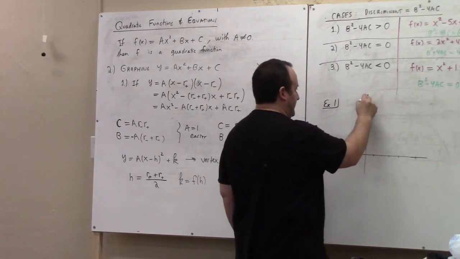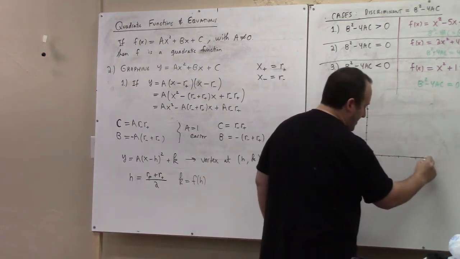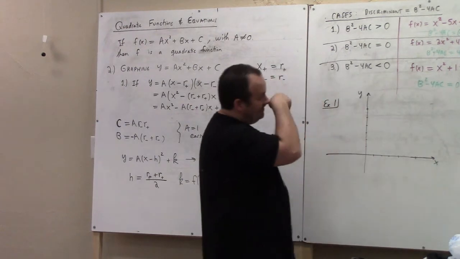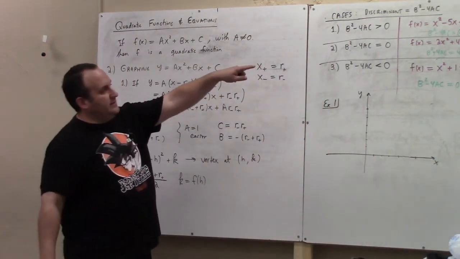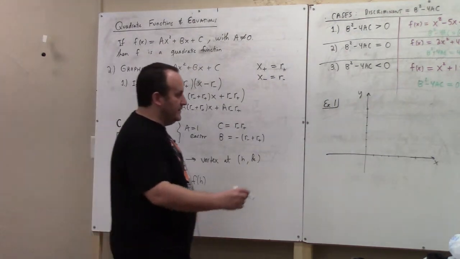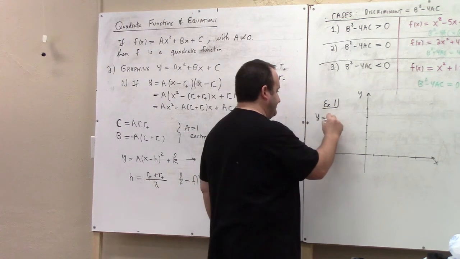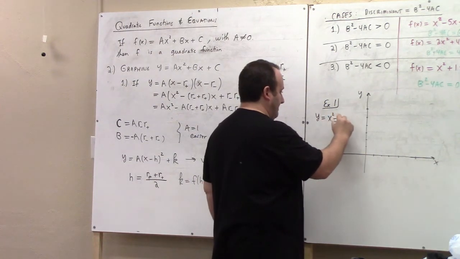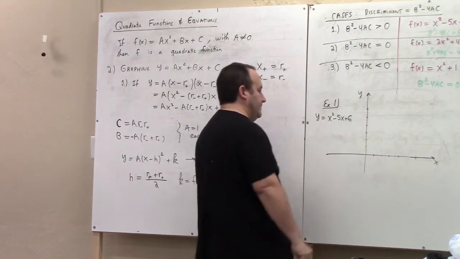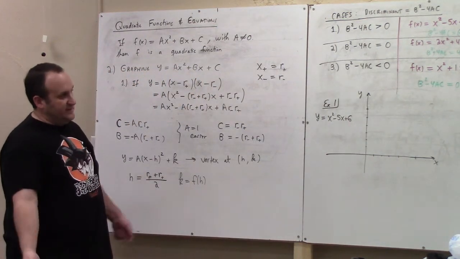What's the y-intercept for this one? For example 1, y equals x squared minus 5x plus 6. If we're going to graph that, what are we looking at here? Does it cross the x-axis?